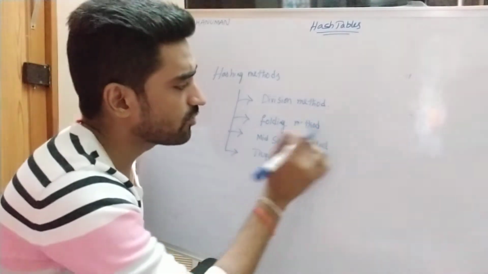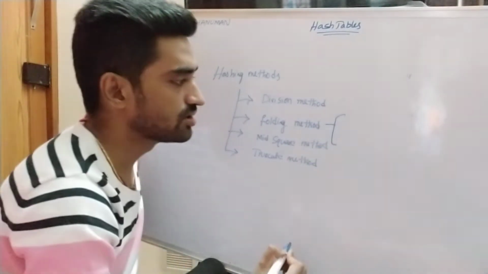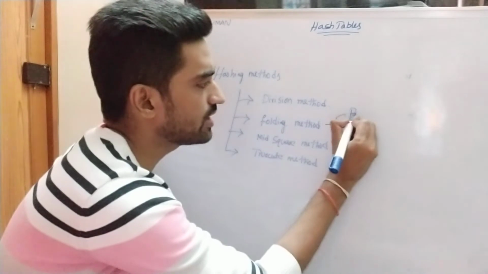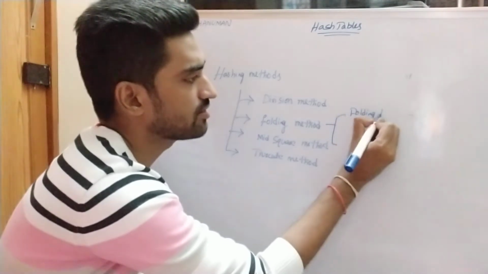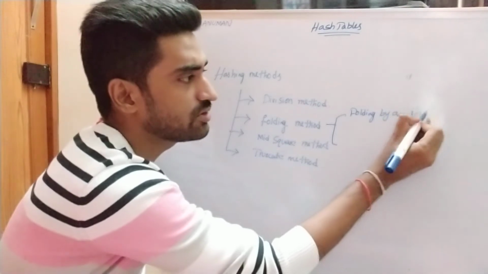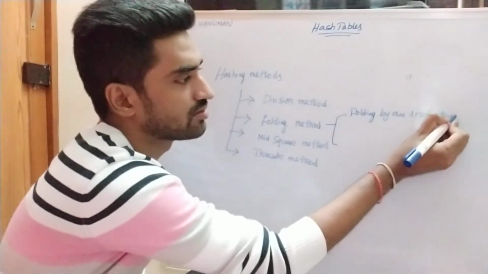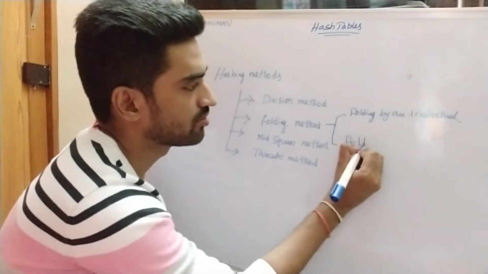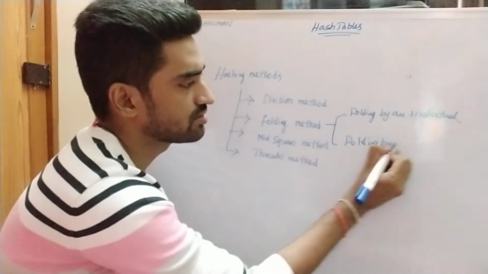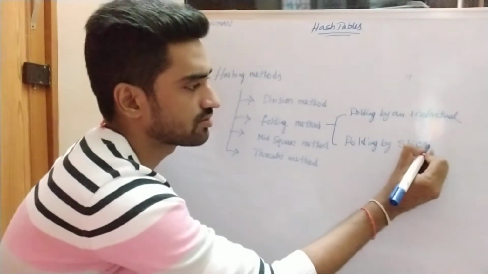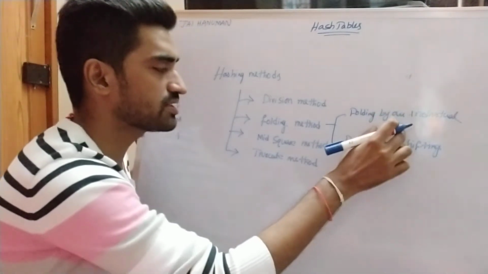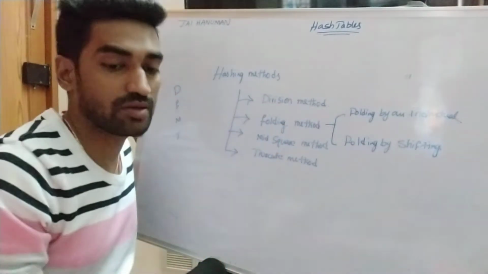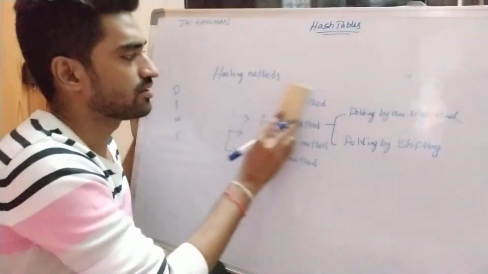Here the folding method can be divided into 2 more techniques: one is folding by an individual, and folding by shifting. So these are the 2 types of methods presented in the folding method, right? So we are discussing one by one. What is the first method? Division method.